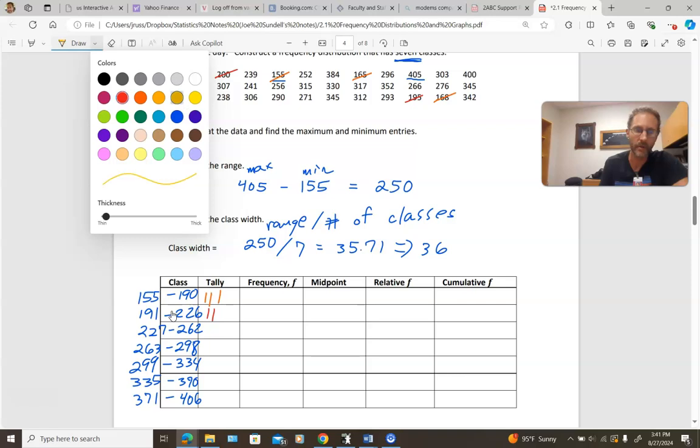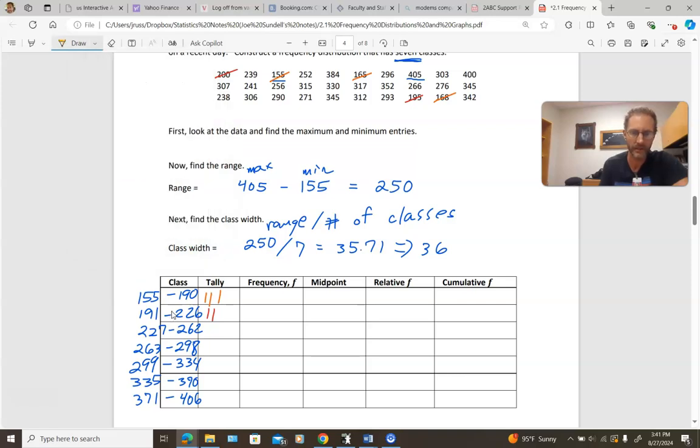You have to be careful on this part, because if you make a mistake, it carries through. Then 227 to 262. So that one would fit. 256 would definitely go. 241. 238. That's really all I'm seeing.